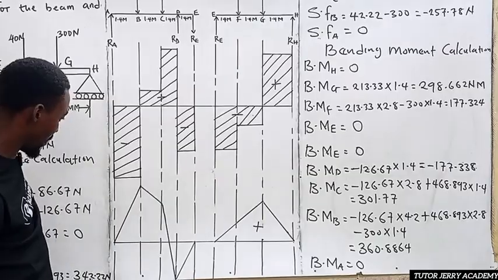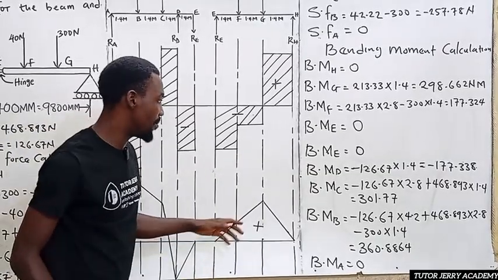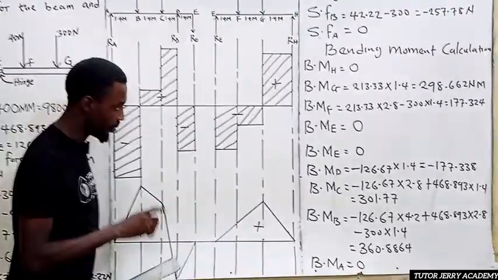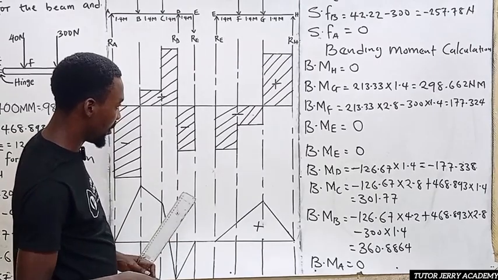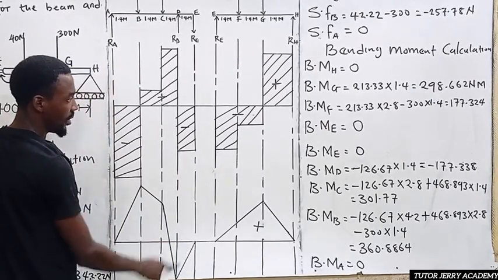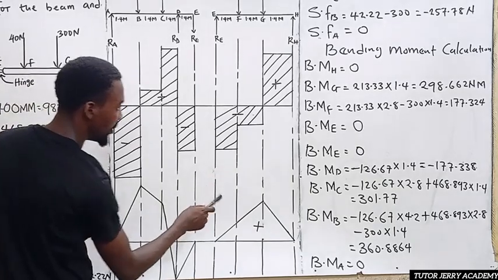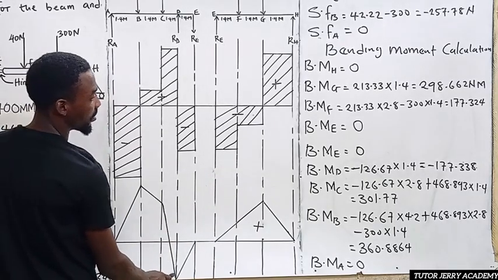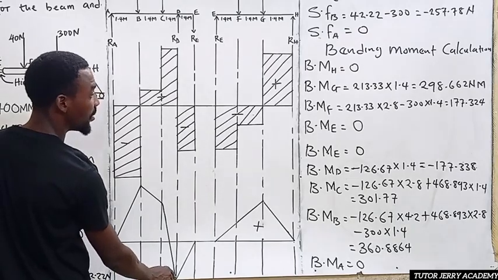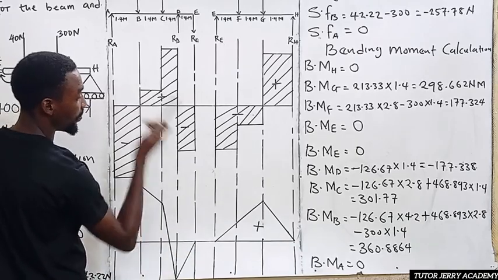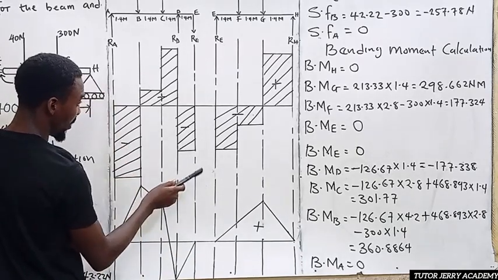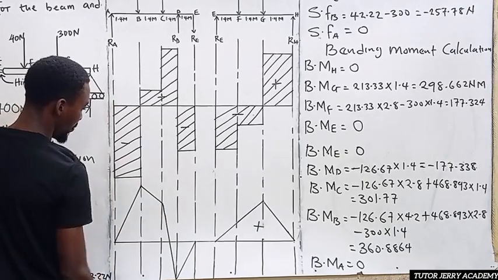Let me follow this again. The bending moment at point E is what? 0, and the bending moment at point D is minus 177, okay, which is this point. And we join these 2 points. Then the bending moment at point C is 301.77, which is this point.